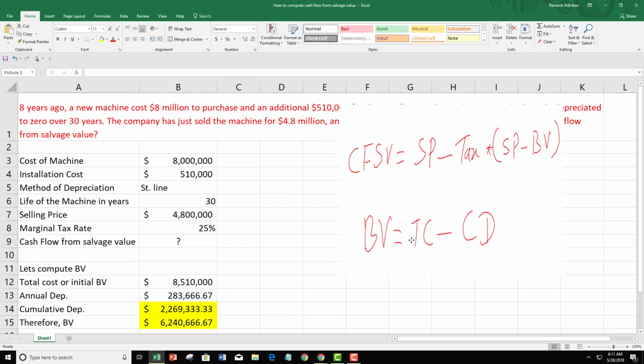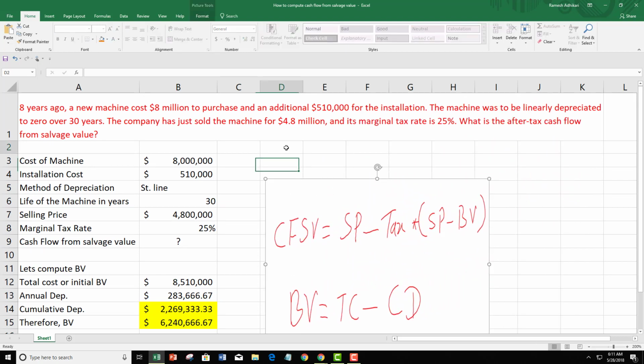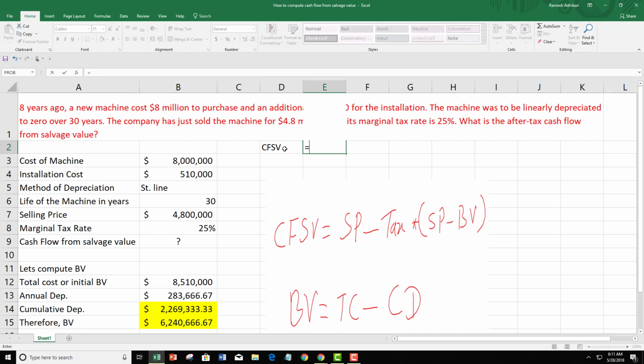Once you have book value, you can simply compute cash flow from salvage, and I'm going to compute it here. So cash flow from salvage value is going to be equal to, look at the formula, the selling price, which is 4.8 million, minus the tax rate 25% times, and in the bracket I can write the selling price, which is 4.8 million, minus the book value.